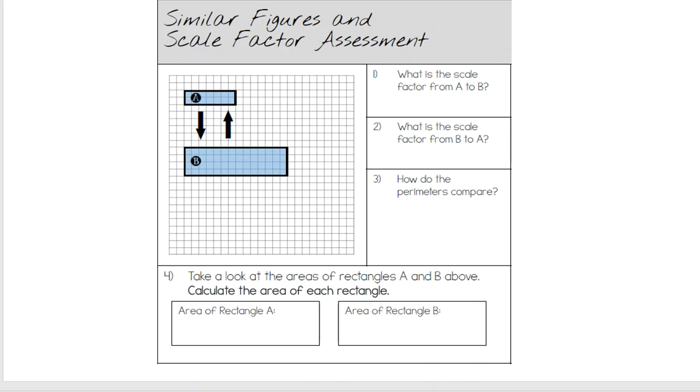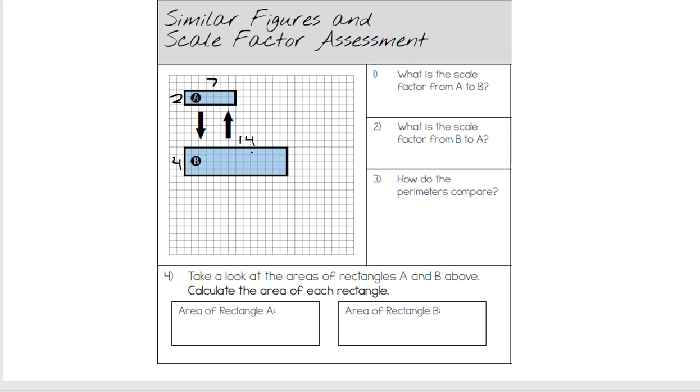Okay, so in order to do this, let's figure out what the dimensions are of shape A. So shape A is a 2 by, let's see, 1, 2, 3, 4, 5, 6, 7. It's a 2 by 7. Okay, and then shape B is a 1, 2, 3, 4 by, let's see, 1, 2, 3, 4, 5, 6, 7, 8, 9, 10, 11, 12, 13, 14.